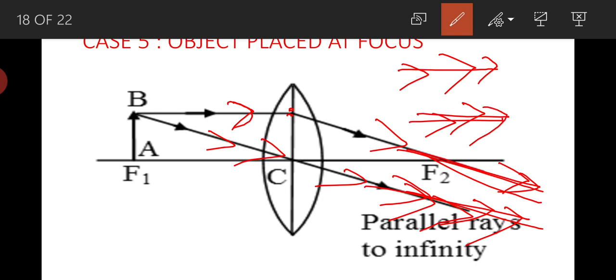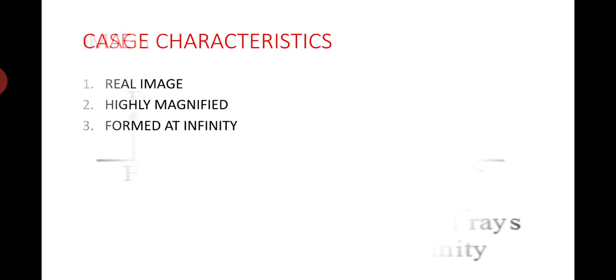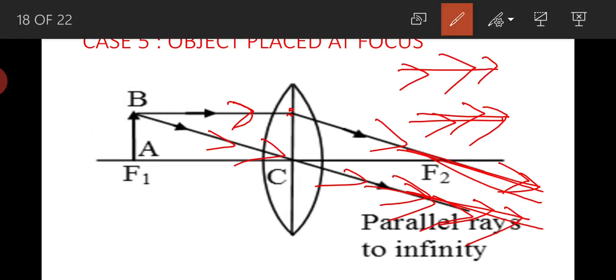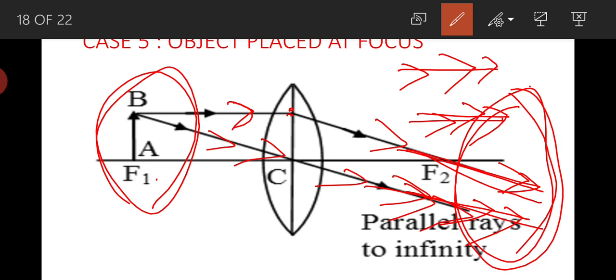That is why we say that the image is not formed at all, or in other words, the image is formed at infinity. It means indirectly the image will not form at all. Here you can see the image formed is a real image. On this side we placed the object, and on the other side the image is trying to form, but it is not formed.